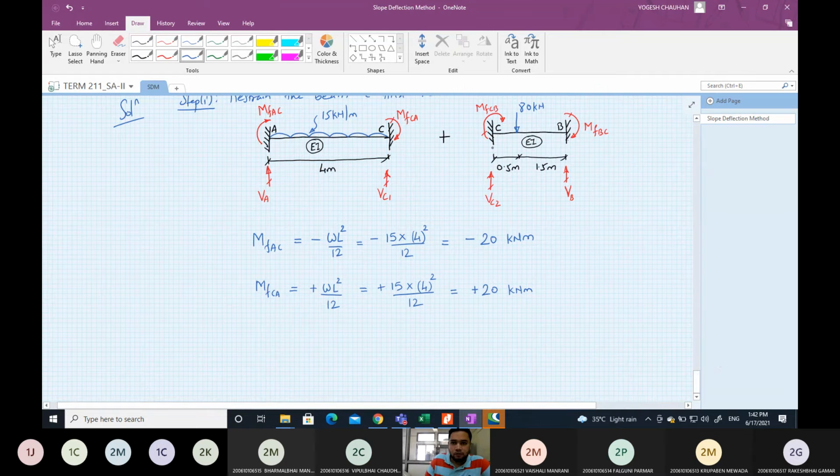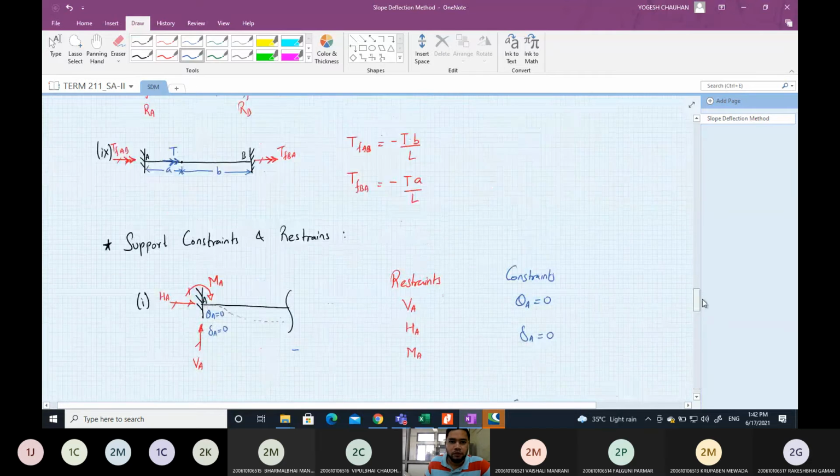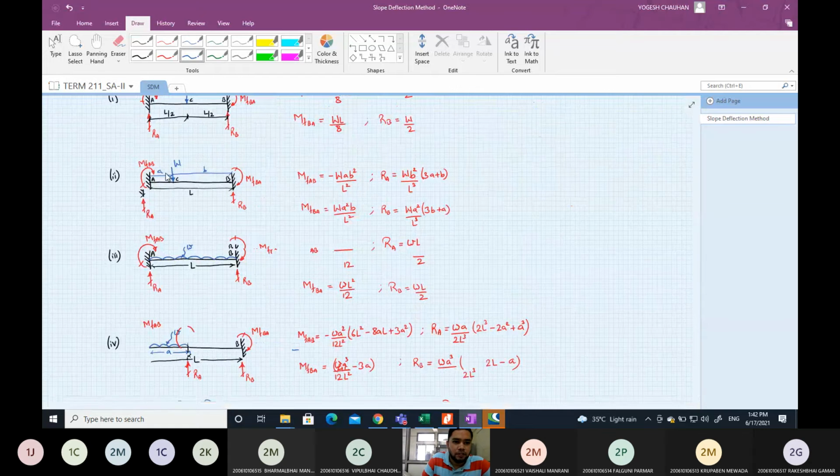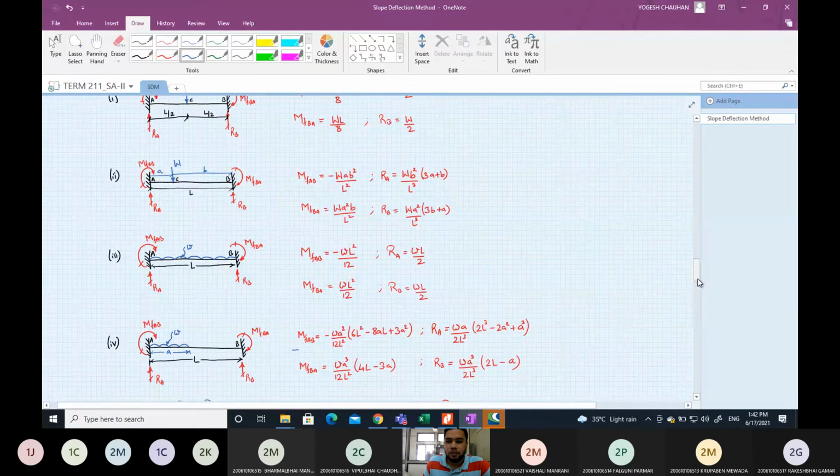Then for this span, the formula for MF CB will be, this is the eccentric point load case, so it is minus W A B square by L square on the left side and W A square B by L square on the right side.